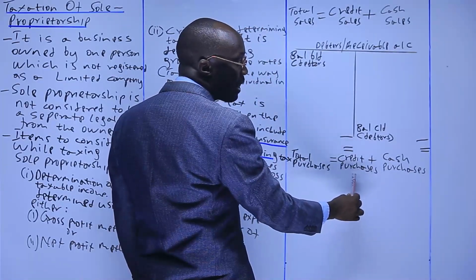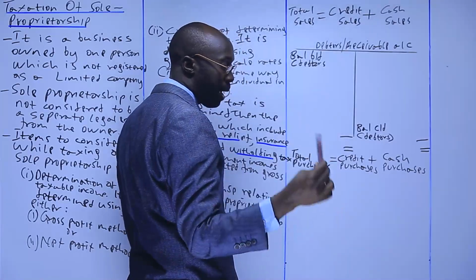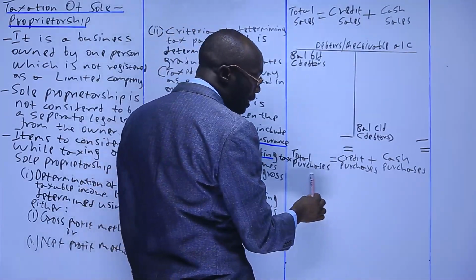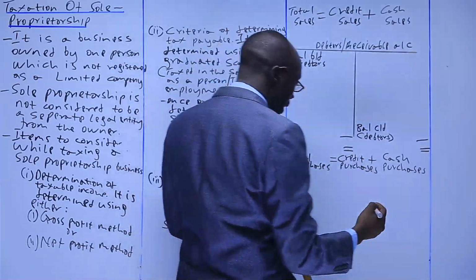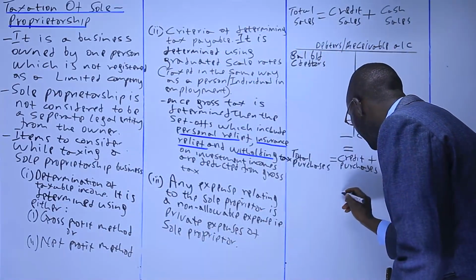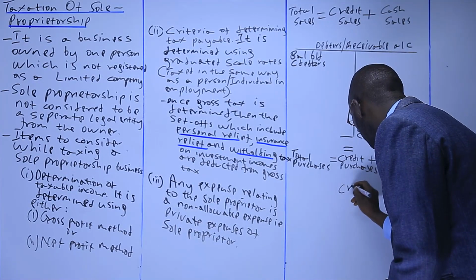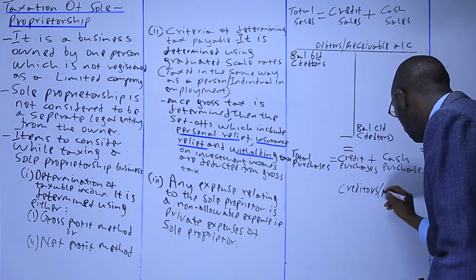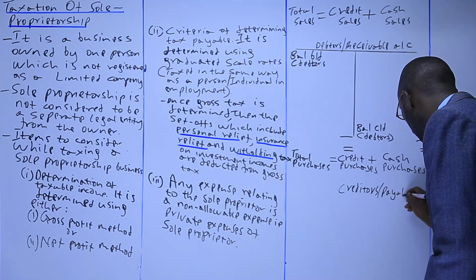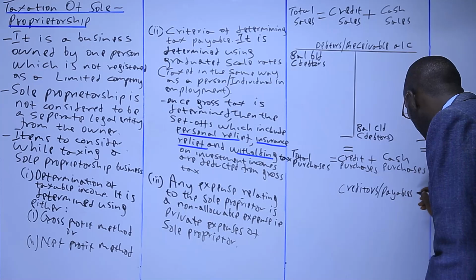To get the credit purchase, we open the creditors or payables account. Same case, we jump 1 or 2 lines here. Then you open the creditors or payables account.